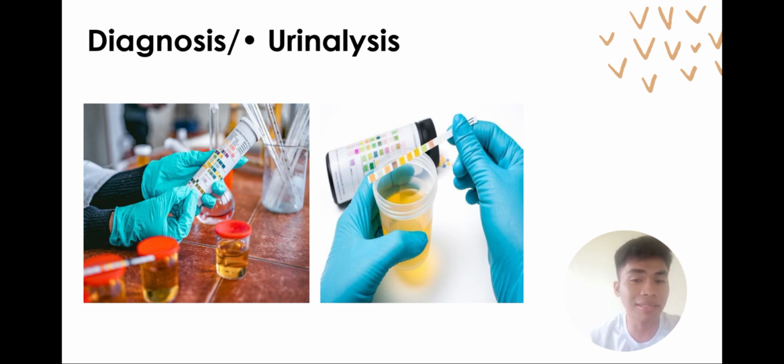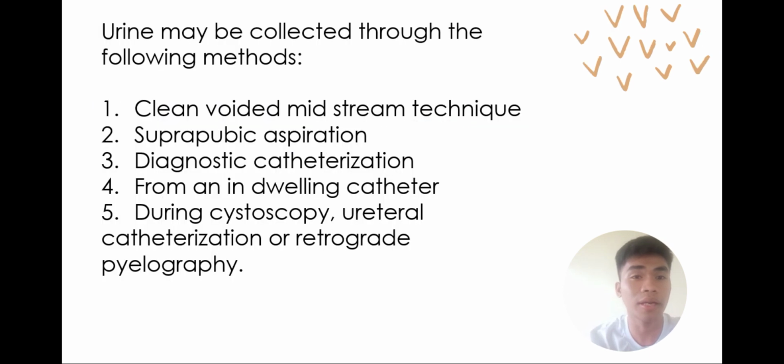So it is important that an appropriate specimen be collected. So we have the urine. Urine may be collected, and this urine is examined by the doctors. So urine may be collected through the following methods.